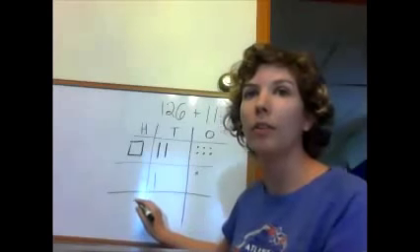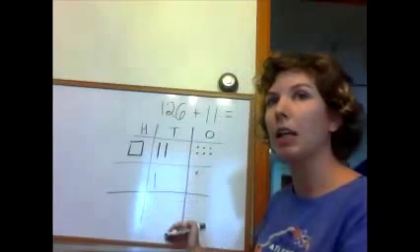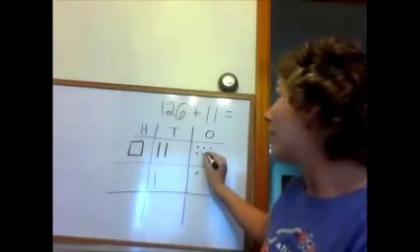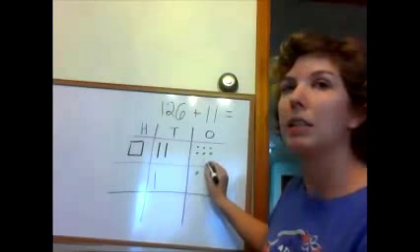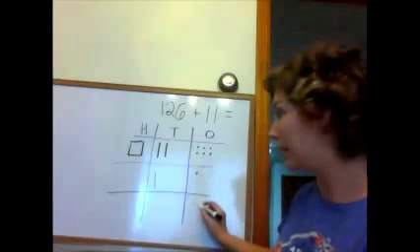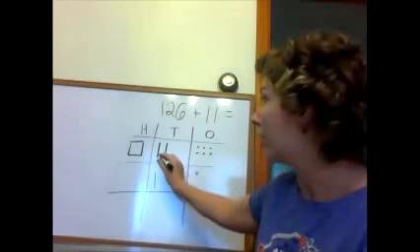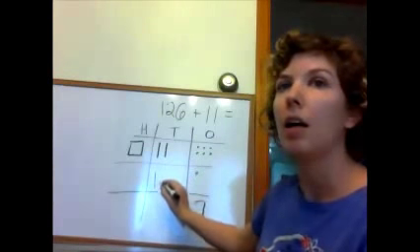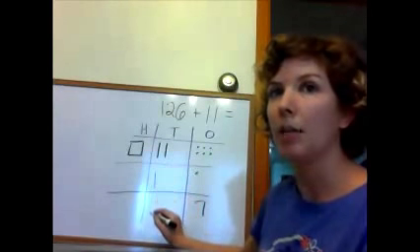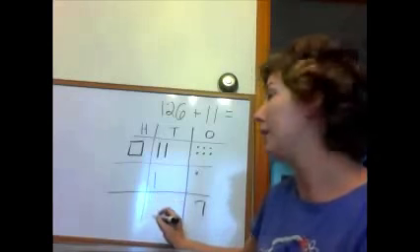Again, we draw another line just to keep everything neat and orderly. Here is 6 plus 1, I see is 7. That's 7 ones. Here is 2 plus 1 in the tens column, so that is 30 or 3 tens.